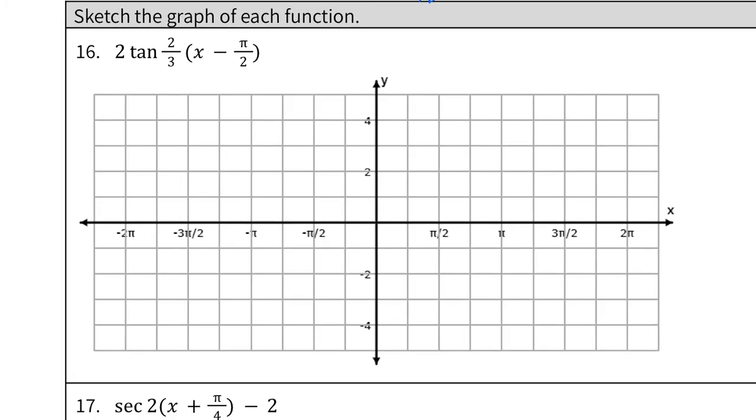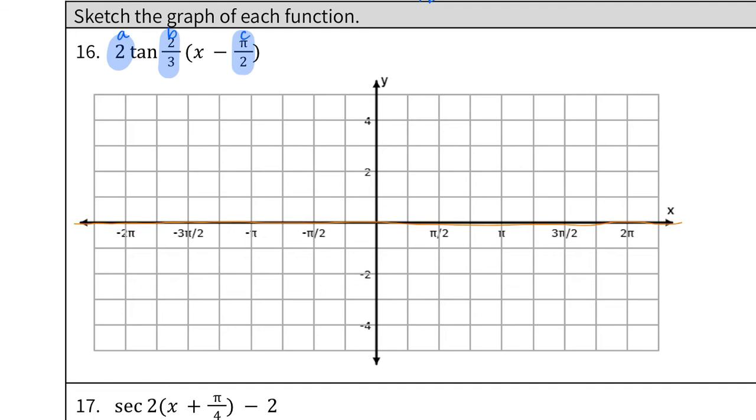Okay, so this one is 2 tangent of 2/3 x minus pi over 2. So for this one, we have A, B, and C. There is no D. So for our midline, since there is no D, it's going to be at 0. So this would be right on top of that x-axis.